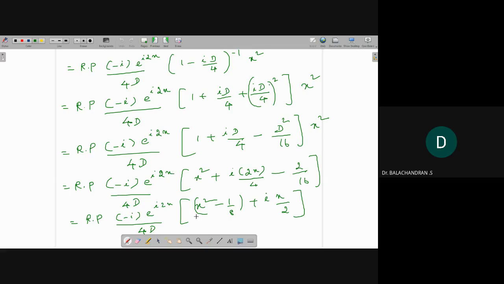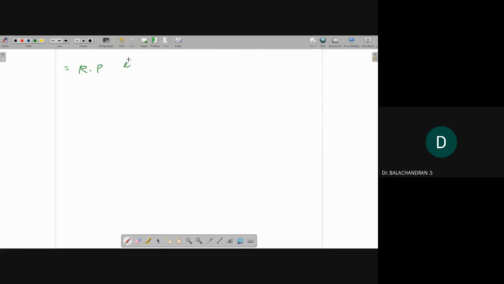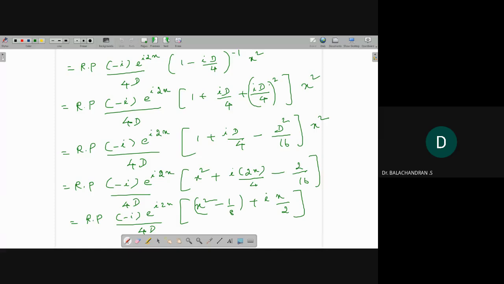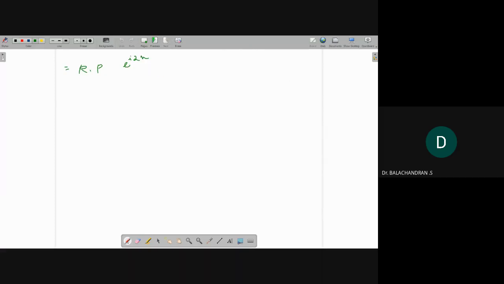Okay, now I will continue as it is. Now I am going to multiply by minus i. Minus i into e power i 2x by 4d.